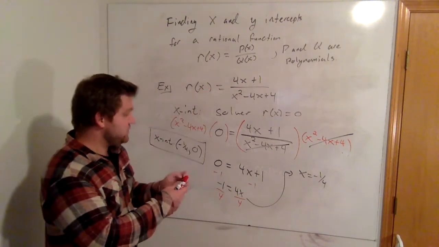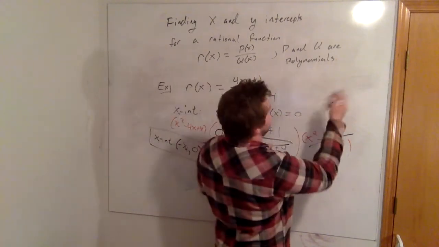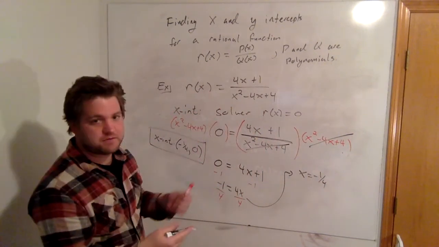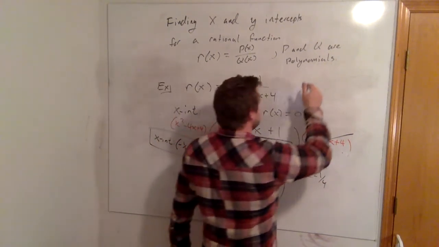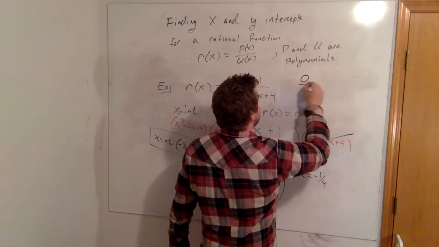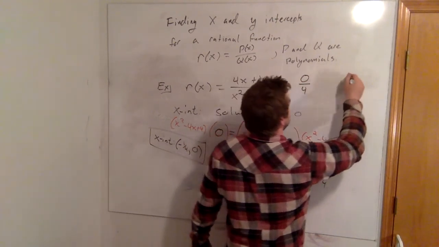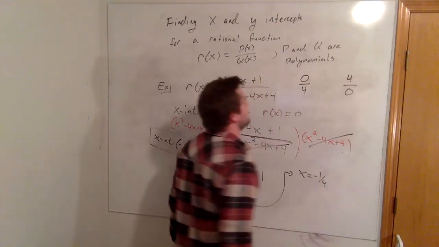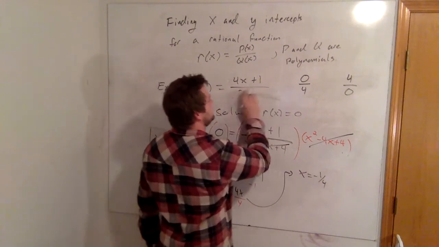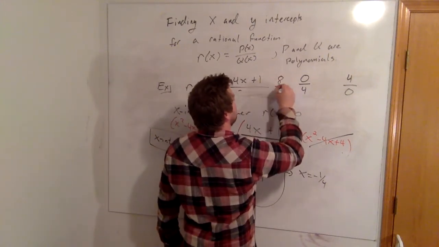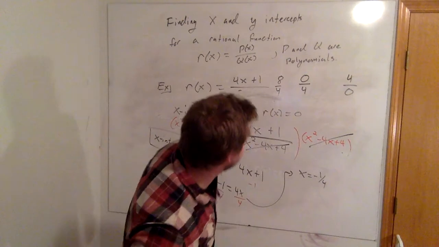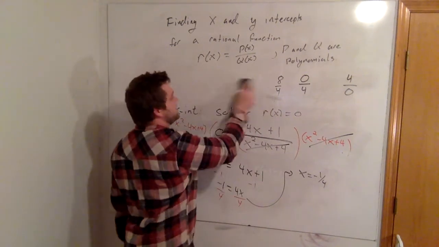So in this case here, I mean, think about it. I guess it's just something to talk about that students kind of get confused about. But for example, if I have 0 fourths versus like 4 over 0, or let's say I have something like 8 over 4. Let's just examine these fractions here for a second. What do fractions mean?